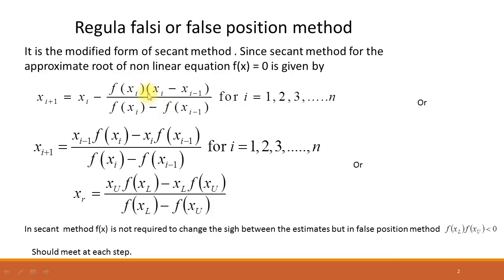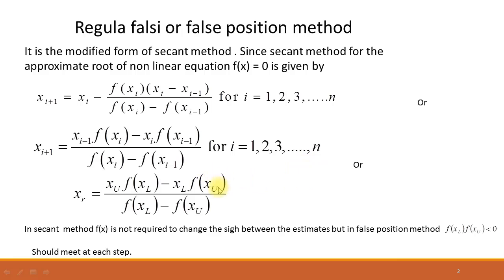Or this formula can be written as x_{i+1} = (x_{i-1} f(x_i) - x_i f(x_{i-1})) / (f(x_i) - f(x_{i-1})) for all i = 1, 2, 3 up to n iterations.